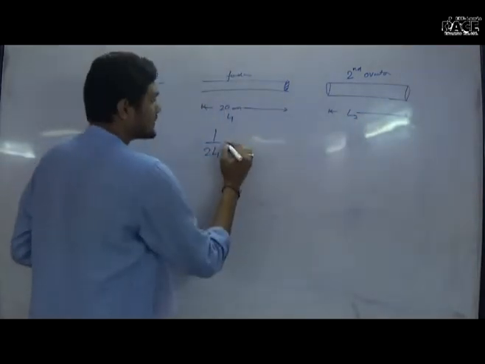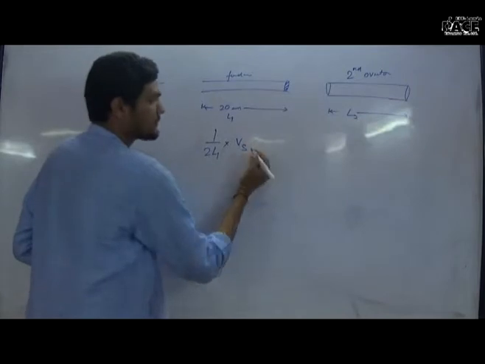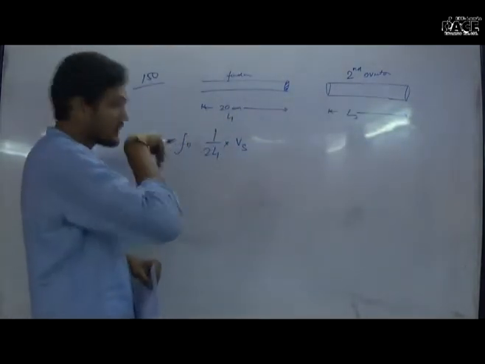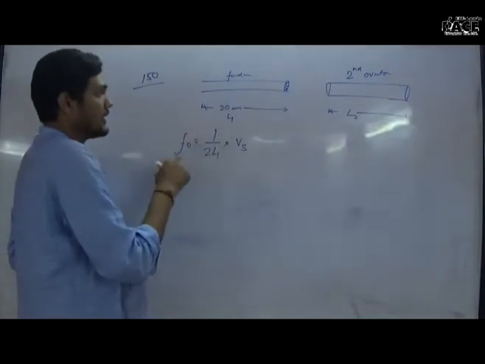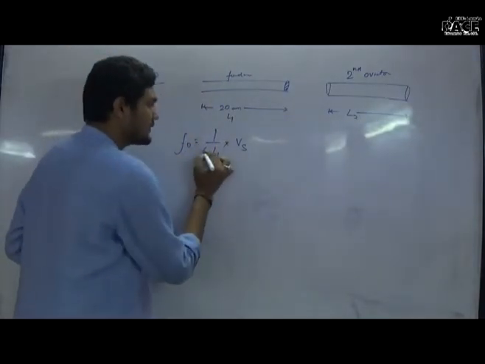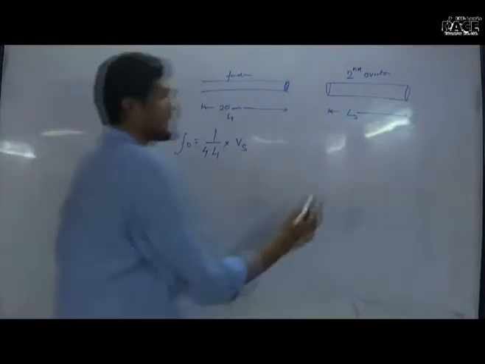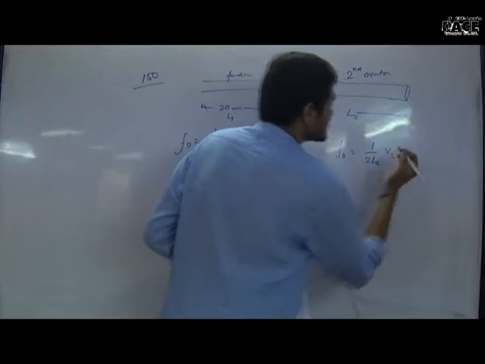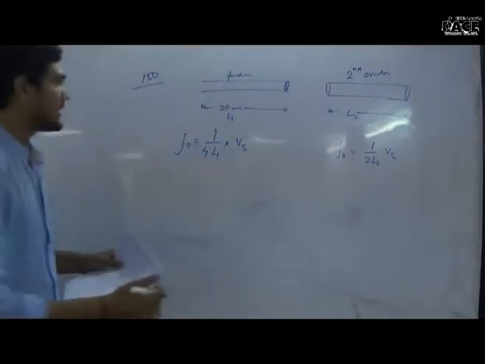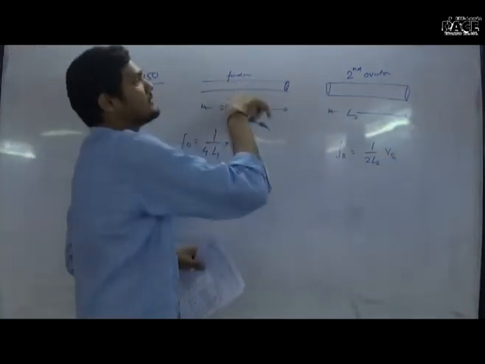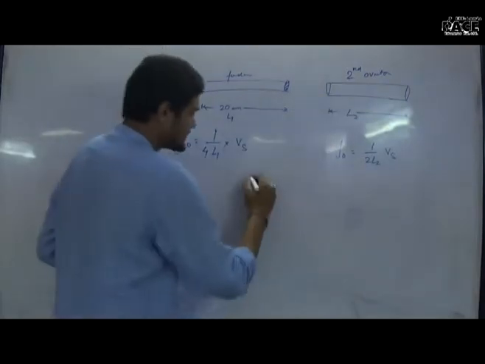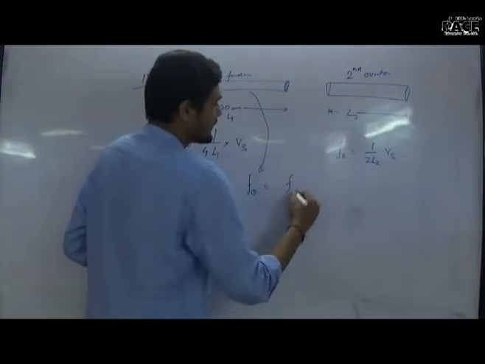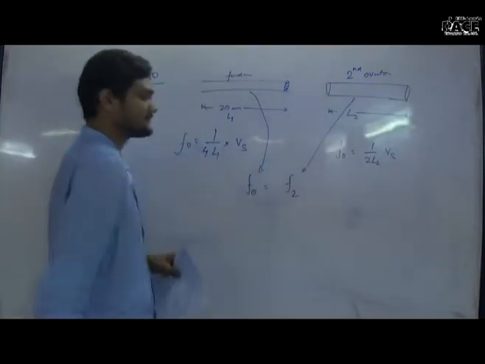The fundamental frequency F naught of a closed organ pipe is 1 by 4 L1 into velocity of the sound. F naught of an open organ pipe is 1 by 2 L2 into velocity of the sound. Now it's given the fundamental frequency of the closed pipe is equal to the second overtone of the open pipe, that means F0 of this is equal to F2 of this.